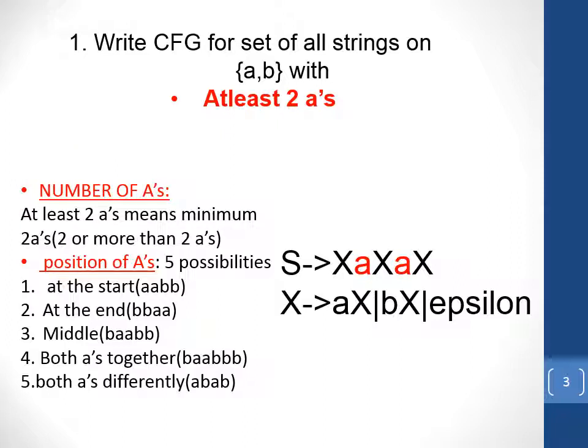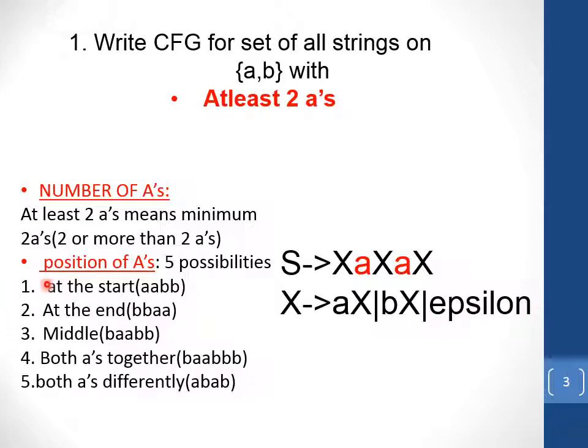Now let us get to the position of a's. At the start, if you want a string derivable from this grammar, then you can simply replace the first X by epsilon. Thus the string will start with the terminal a. If you want a at the end, you can replace the last capital X by epsilon, and if you want the double a in the middle, you can simply replace the middle X by epsilon.